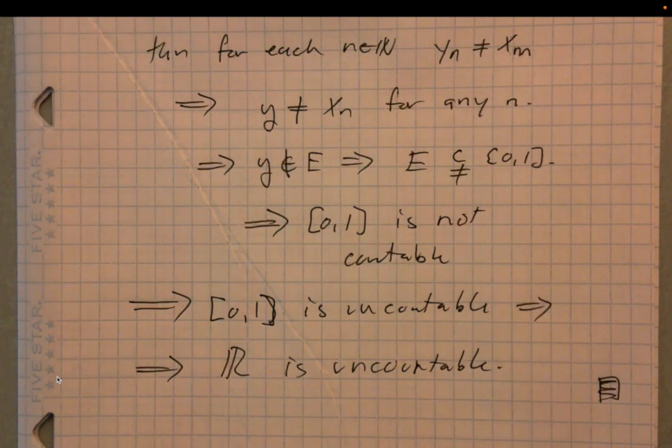So there's like this hierarchy of sizes of infinity. Right? So we've seen two of them: countably infinite and uncountably infinite. Just take a moment to think about how bizarre this idea is.